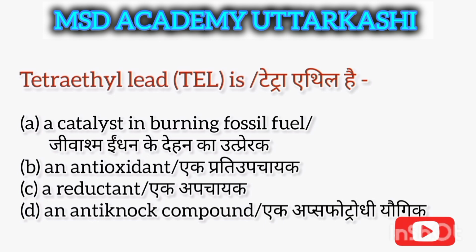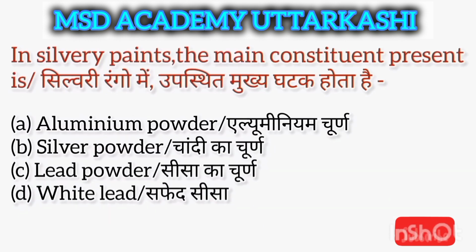Next question. In silvery paints, the main constituent present is option A aluminium powder, option B silver powder, option C lead powder, option D white lead. So the correct answer is option A aluminium powder.